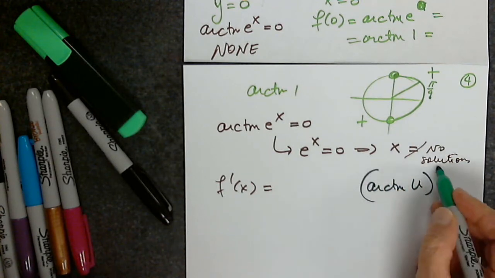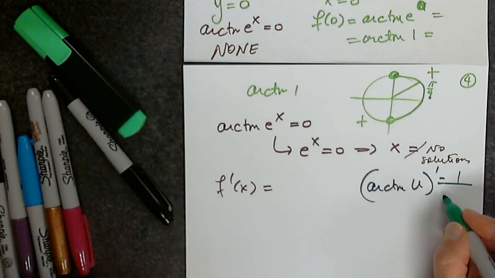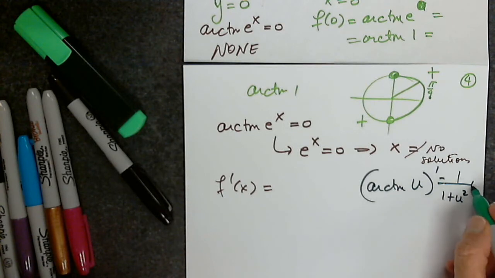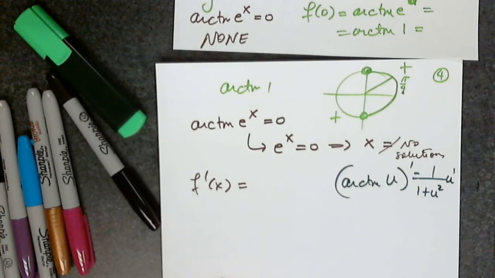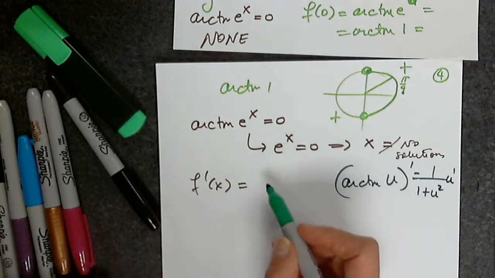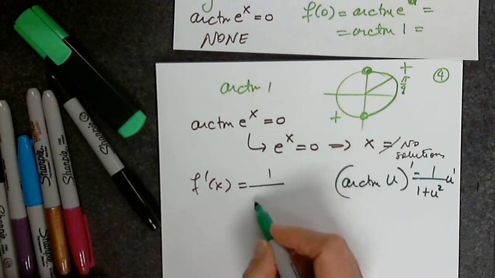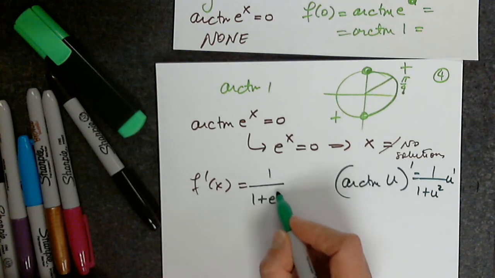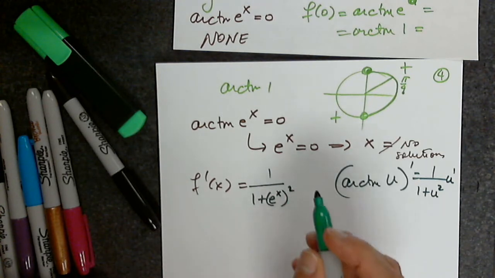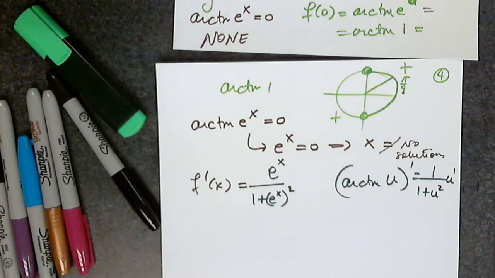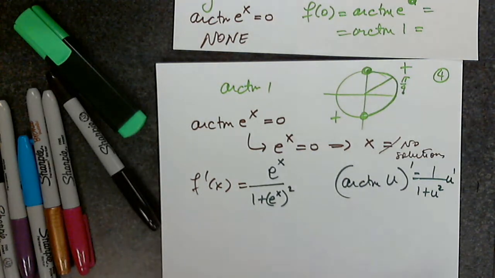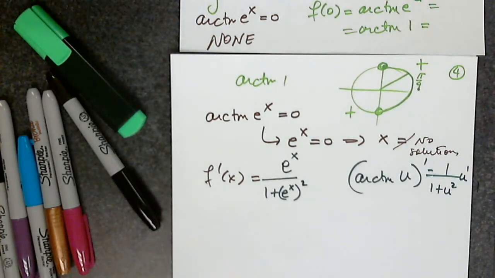Arctangent u prime equals 1 over 1 plus u squared times u prime. Perfect. So this will be 1 over 1 plus e to the x squared times e to the x. Good. I found the first derivative.